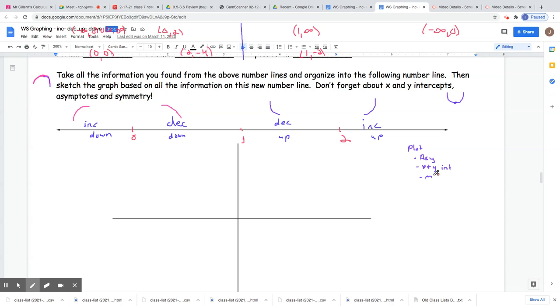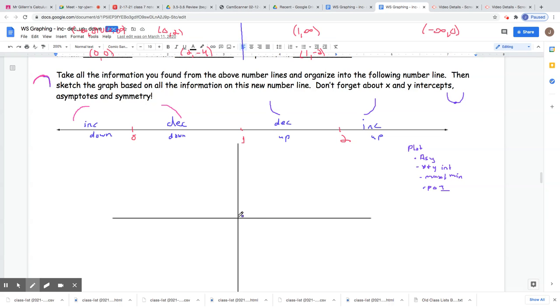We want to put any max or min points, and we want to put points of inflection. So all of that information from above, that's what we want to graph first. So obviously we don't have any asymptotes. If we did have asymptotes, when we have fractions, we would put them in there.